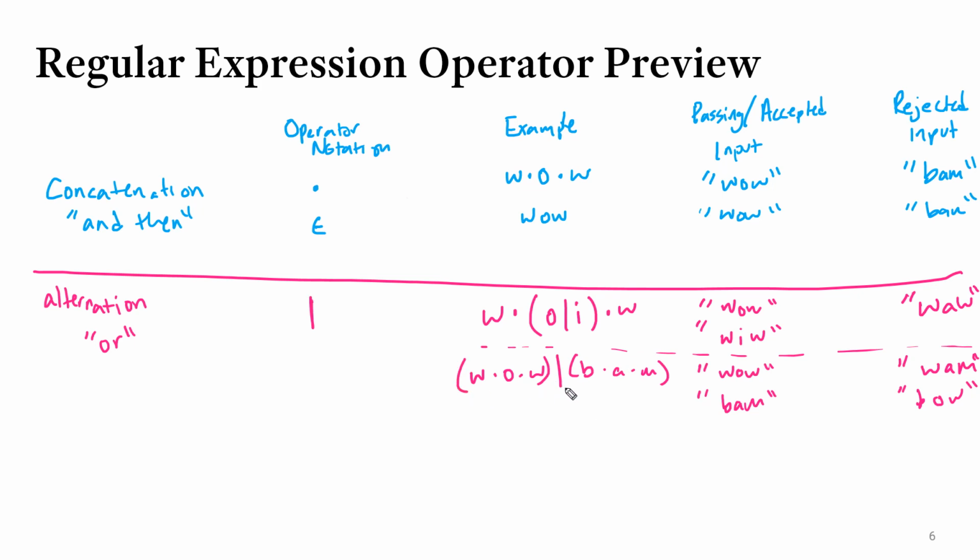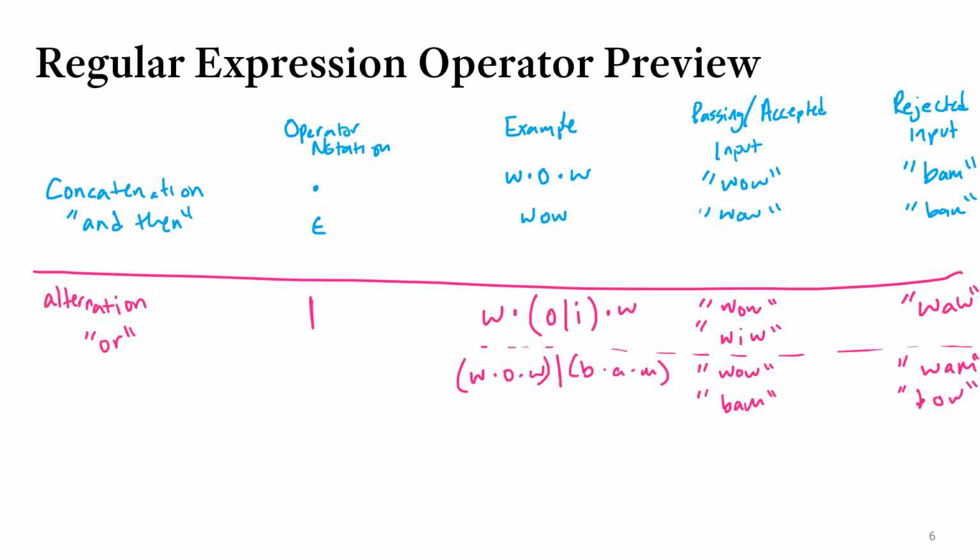And so what we're saying here is wow connected by concatenation, or BAM concatenated, right? And so in this first example, it was W followed by O or I followed by W, and you can see that we can use this in other flexible ways.